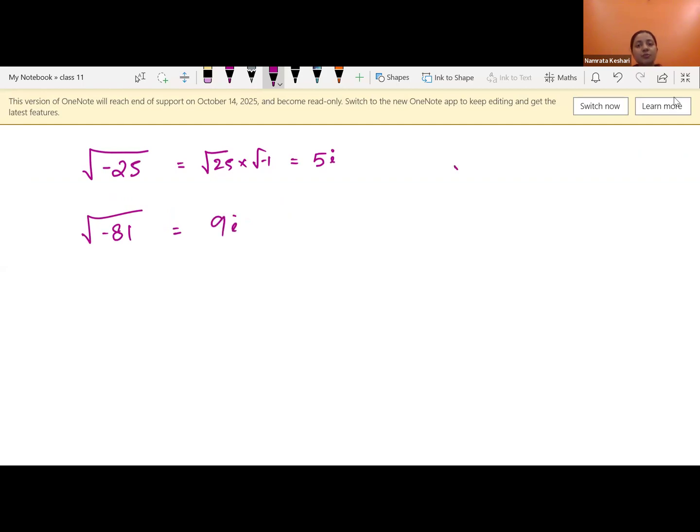If we have root minus root 3, what can be written? Root 3 I. Okay, because for now it is not possible for us to take this number out of the root sign. So root 3 will remain as it is and we will write it in terms of I. Clear so far? Yes, teacher.